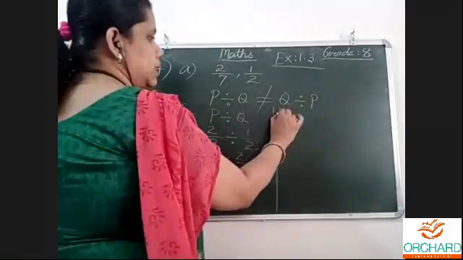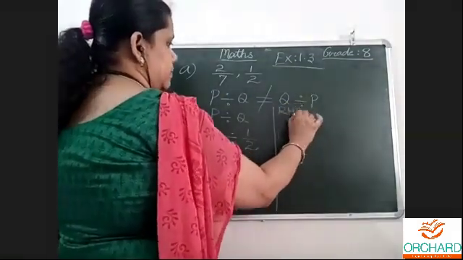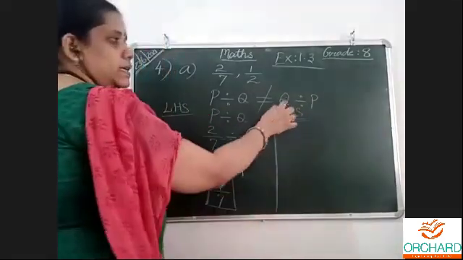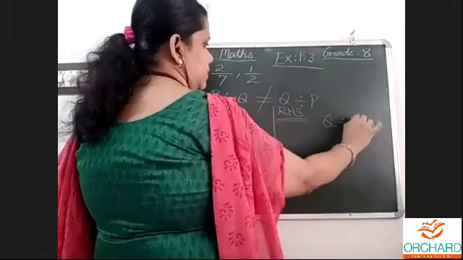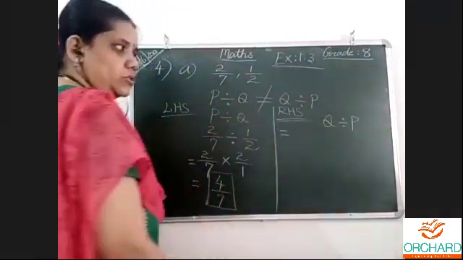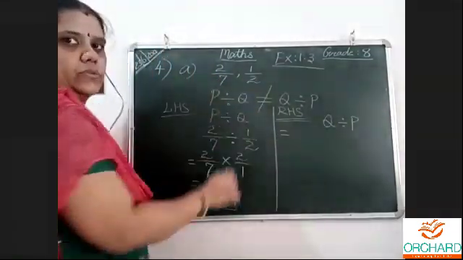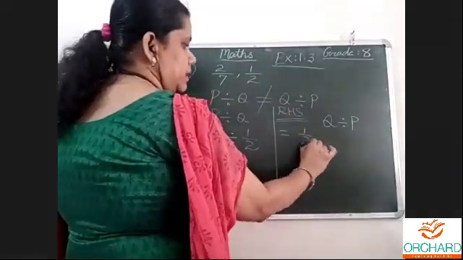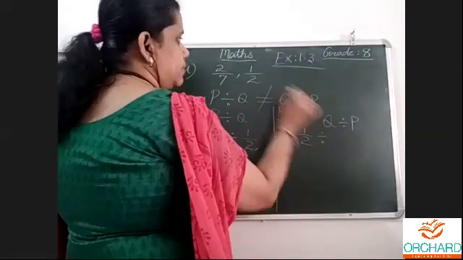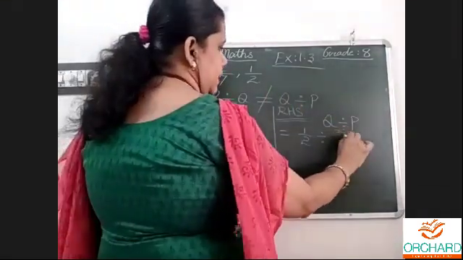Now I want to see the right side. Q divides P. This is P, this is Q, as I already told. So Q means first write this number, divides 2 by 7.